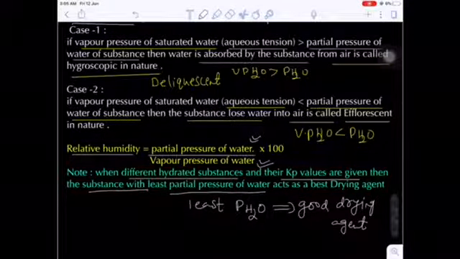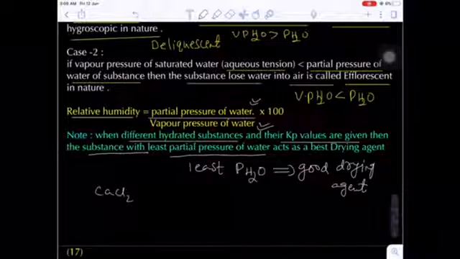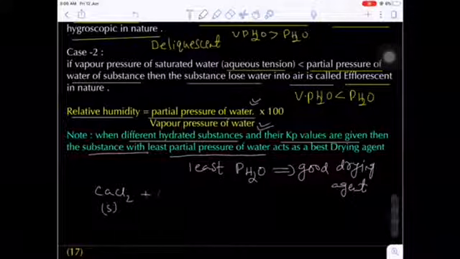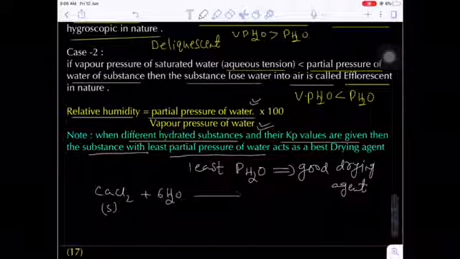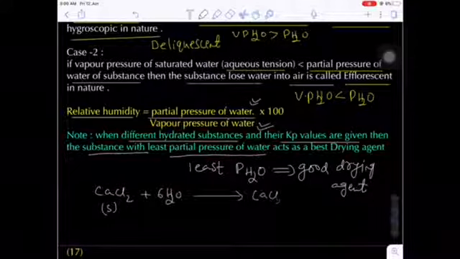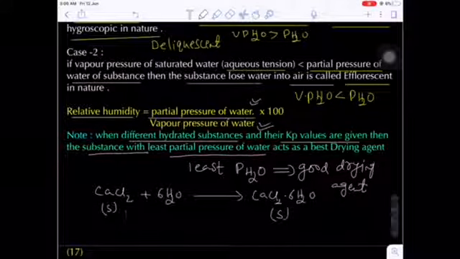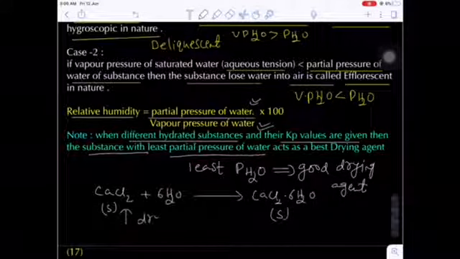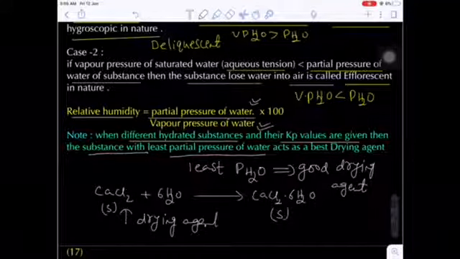are those substances which readily absorb water, let's suppose anhydrous calcium chloride. It has a great tendency to absorb water from the surroundings to form a hydrated salt. Such a substance is known as a drying agent.